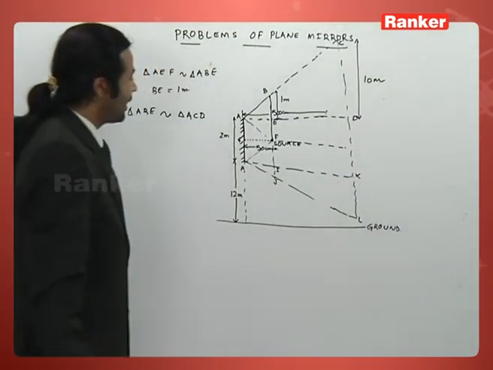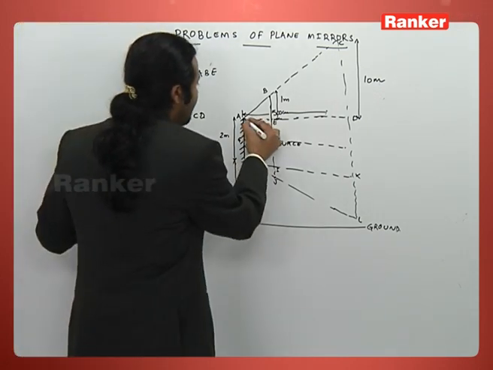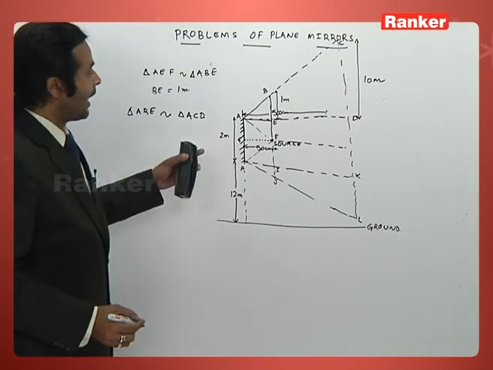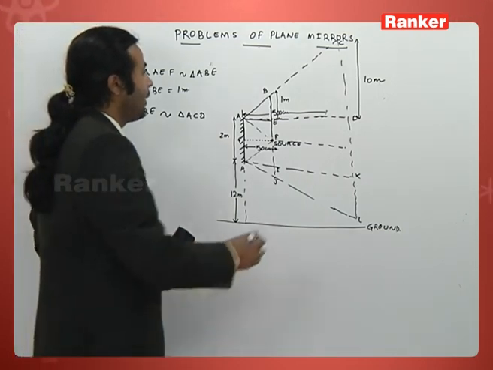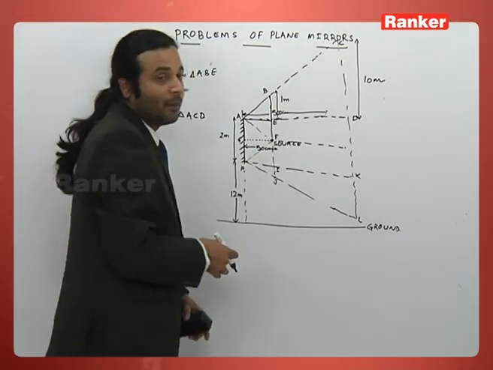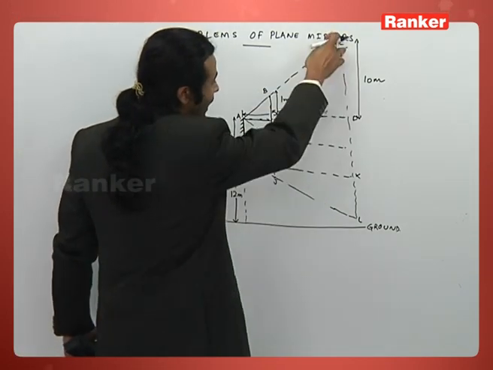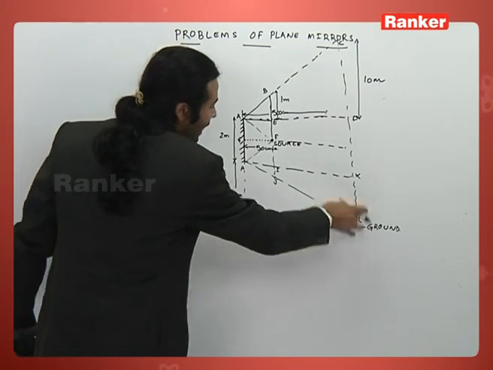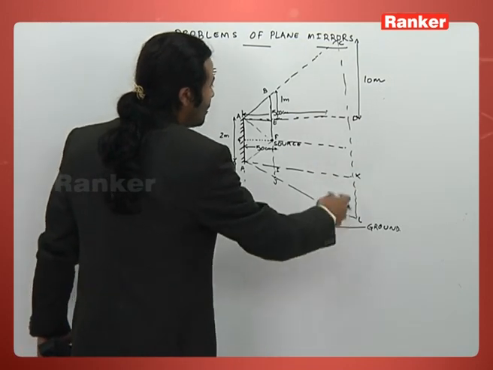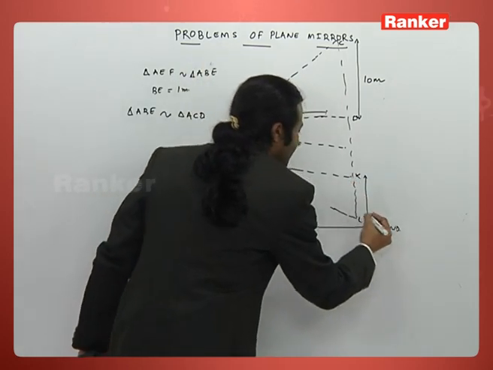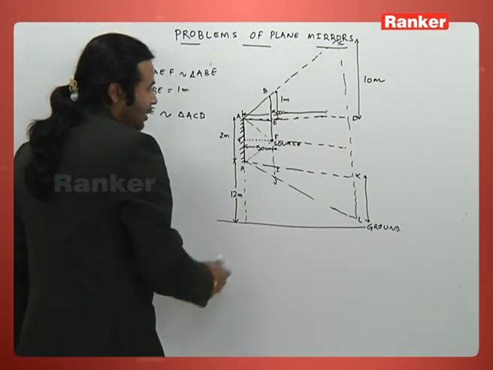I repeat once again. Since AD length is 10 times AE length, CD will be 10 times BE length. Since it is 1 meter, this one will be 10 meter. Similarly, I can write KL is also equal to 10 meter.